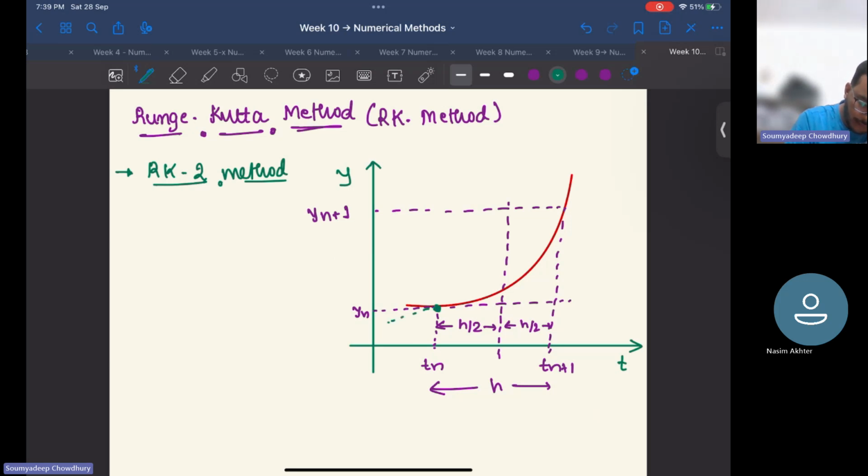First I'll look into what is Euler's method, and then we'll compare it, right? The tangent, I'll draw it once again.